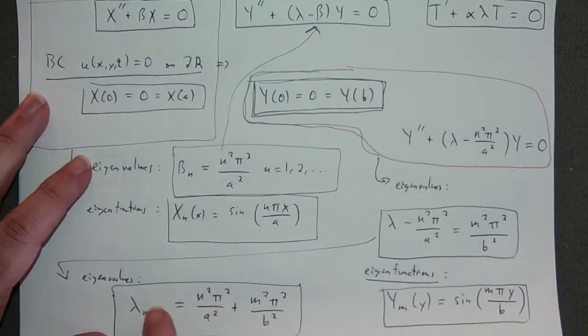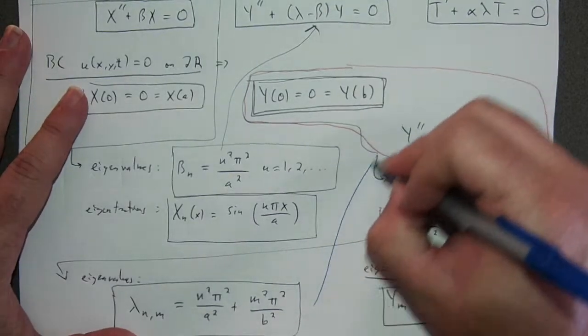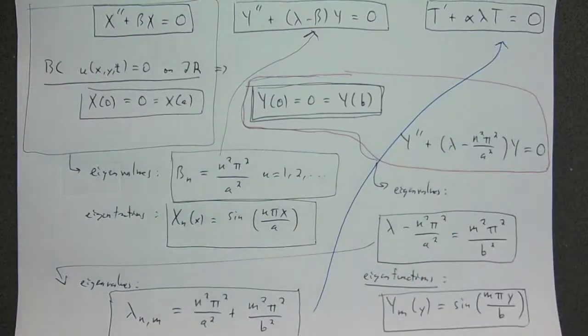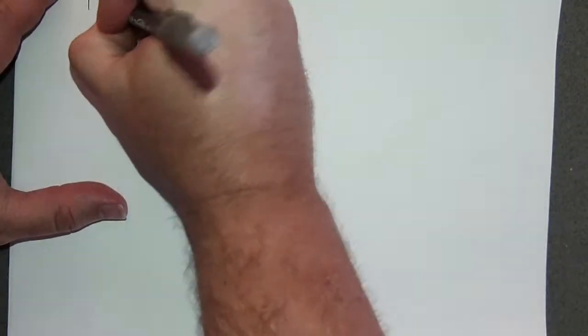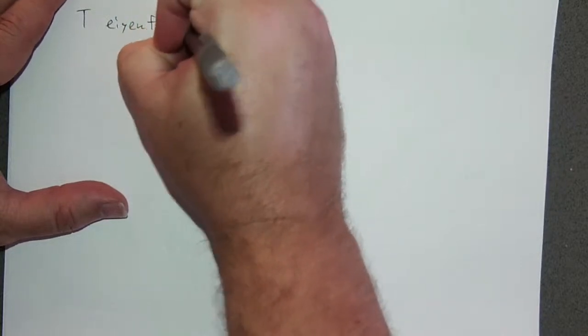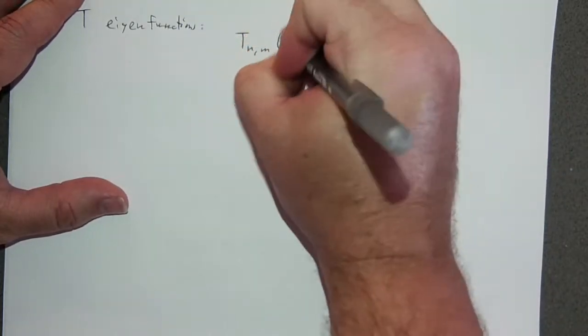Of course, now I take this lambda, and let me use a different color here, and I put it into my eigenvalue problem for t, finally, and I'm able to write out eigenfunctions for t. So I get t eigenfunctions. What are those? Those are indexed by n and m.